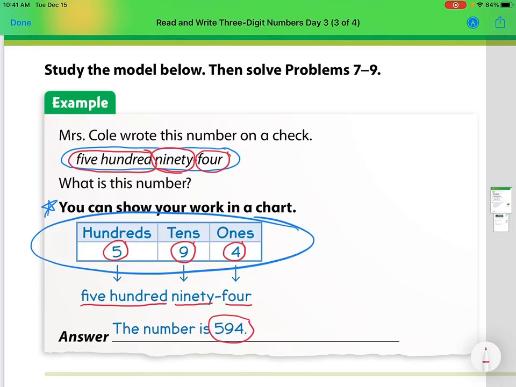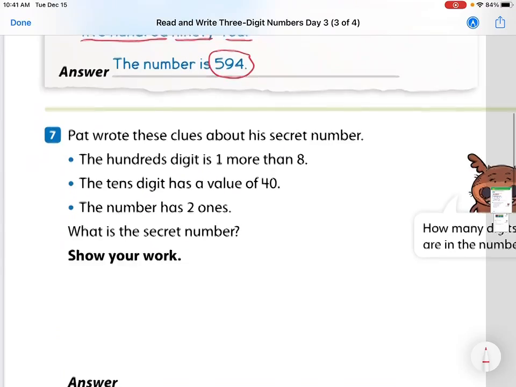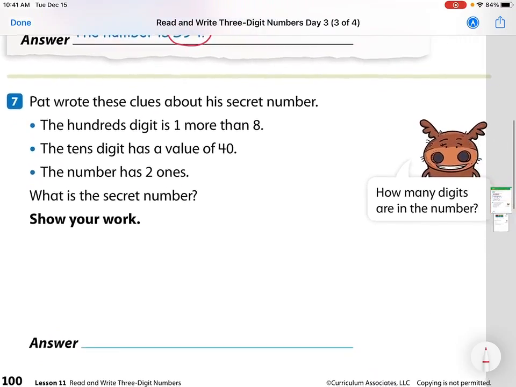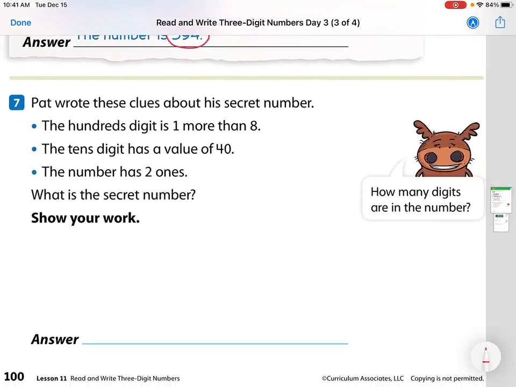All right, so let's take a look at number 7, and this is one that we get to solve. It says, Pat wrote these clues about his secret number. So we're just going to read it first, and then we're going to solve it. The first clue is the hundreds digit is 1 more than 8.